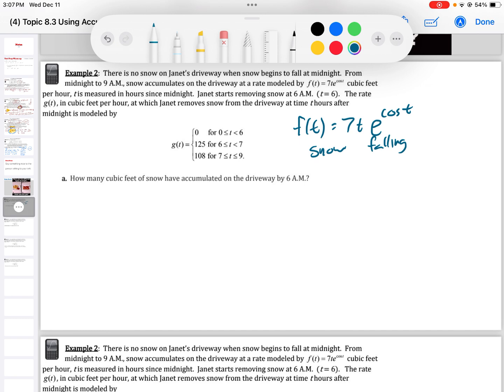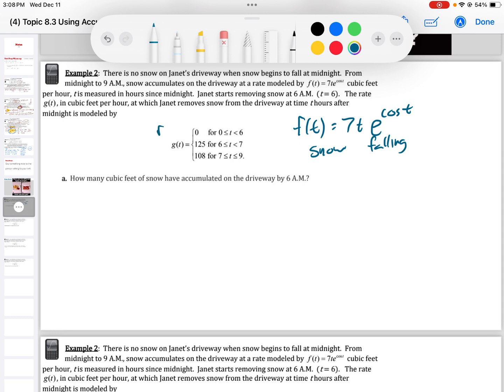So snow is falling at that rate, cool. Cubic feet per hour, I'll keep that in mind later. T is measured in hours since midnight, okay. Janet starts removing snow at 6. So I'm thinking, okay, from midnight to 6 a.m., the snow is just coming down, it's building up, no one's touching it. That makes sense, she's probably asleep. Okay, at 6 o'clock she wakes up and she starts removing the snow.